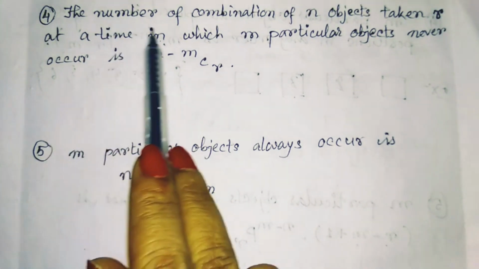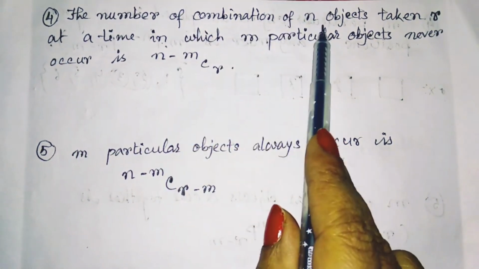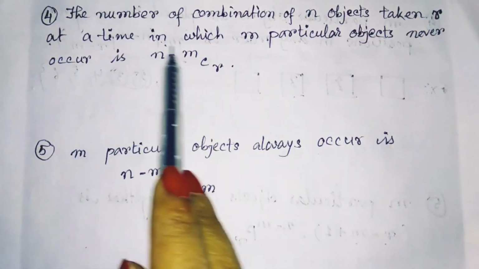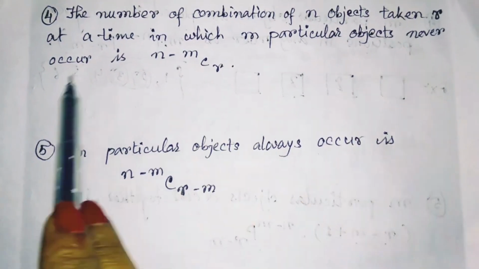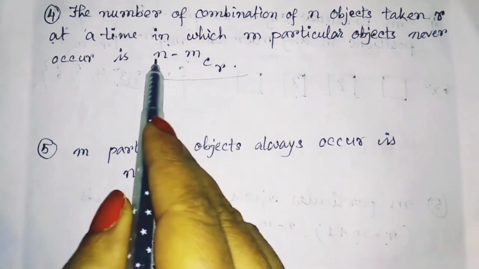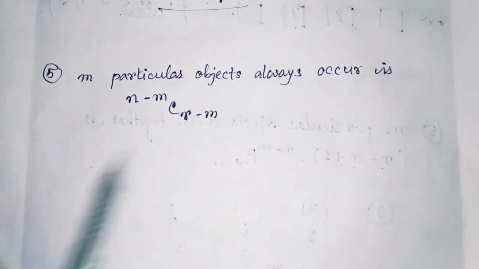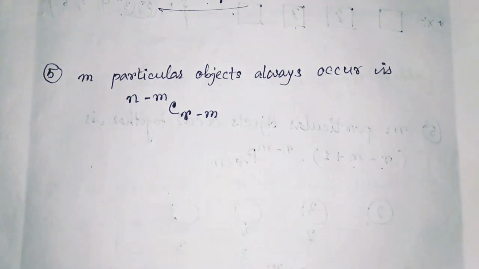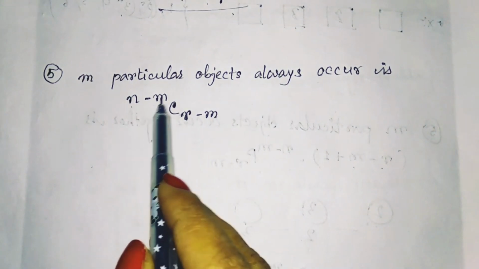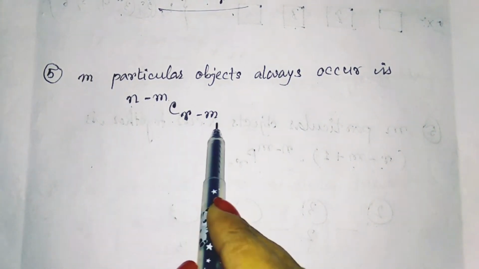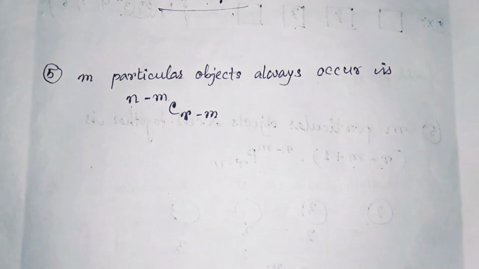Among them, if the number of combinations of n objects taken r at a time in which m particular objects never occur, then the formula is (n minus m)Cr. And for m particular objects which always occur, the formula is (n minus m)C(r minus m). So these are the different combinations. Now in the next lecture, we will do some problems on permutation and combination.